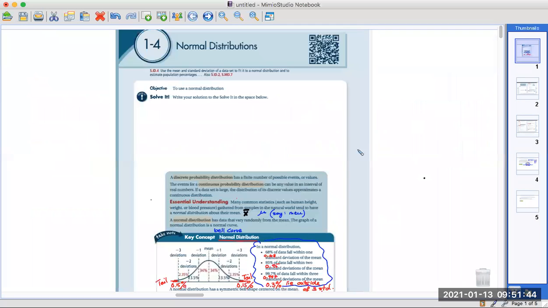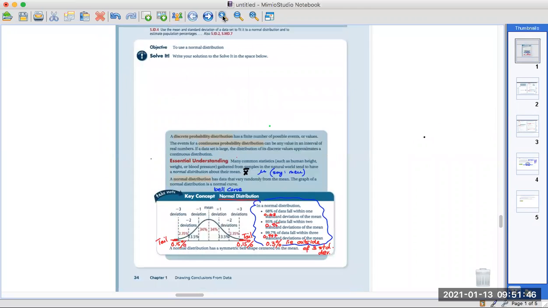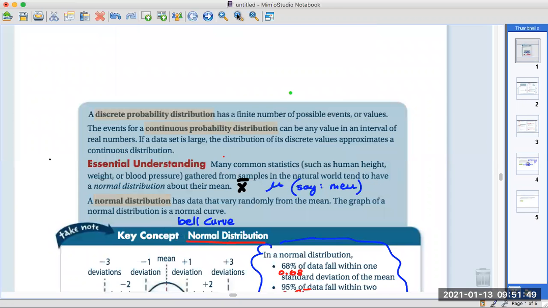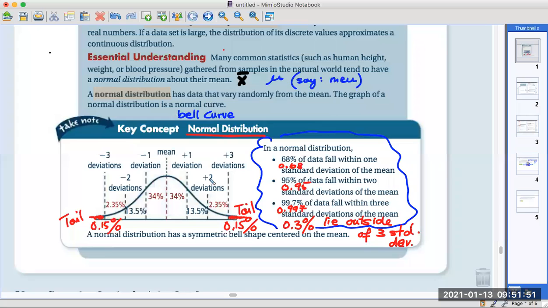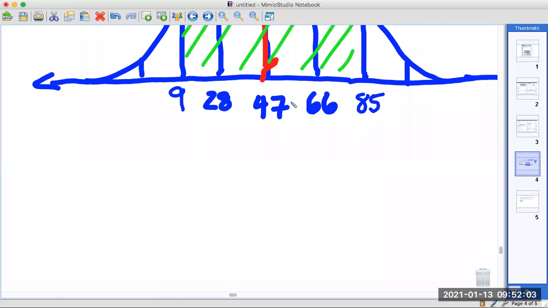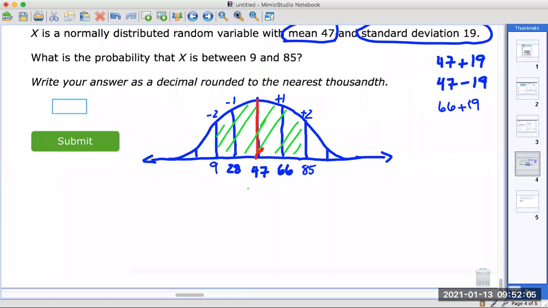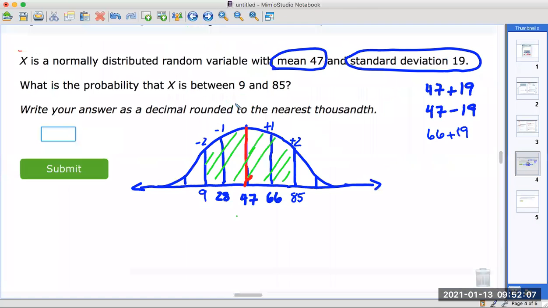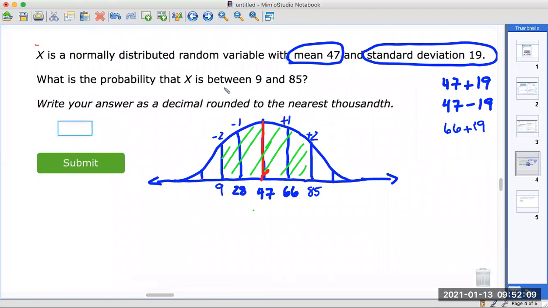If you go back to your first page and look, we have 95% of data fall within 2 standard deviations of the average or mean. Okay, so 95% is my answer. What is the probability that our data point is between 9 and 85? Now remember, it's 95%.